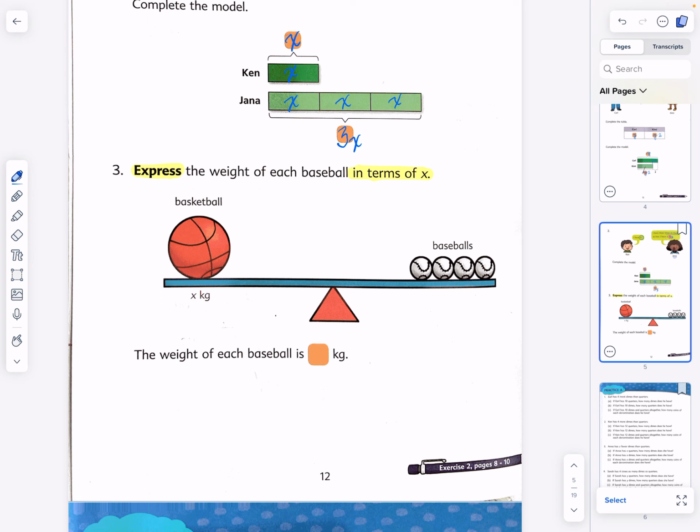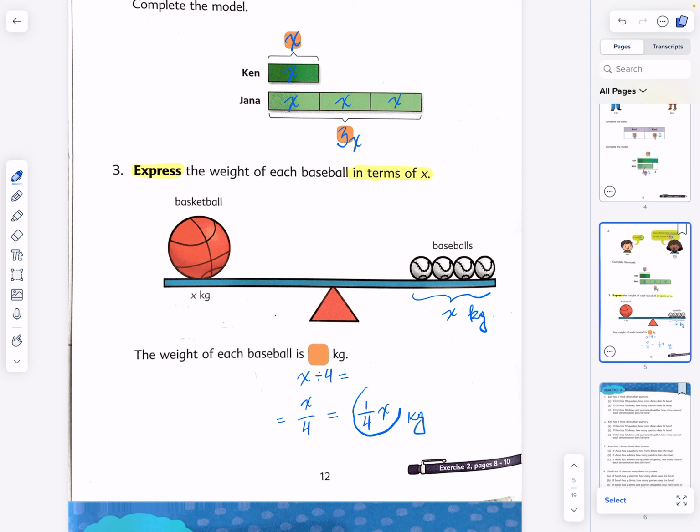So, the basketball weighs X kilos. It is the same as 4 baseballs because look, they're in the balance, right? So all 4 baseballs also weigh X kilograms. The weight of each baseball is, sometimes we would say X divided by 4. In other words, we can say X over 4, which is the same as to say 1/4 of X kilograms.